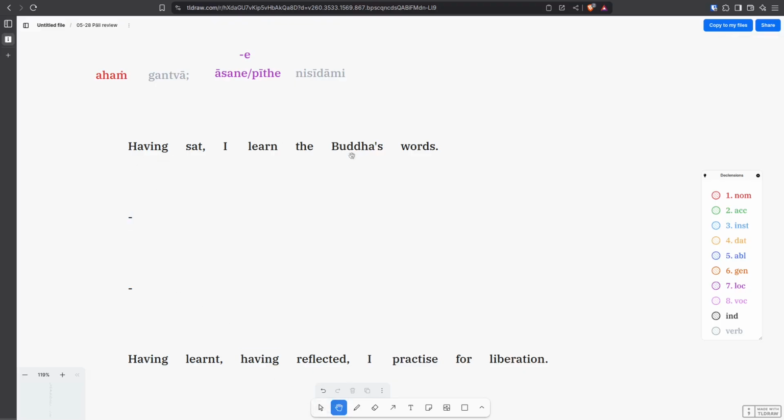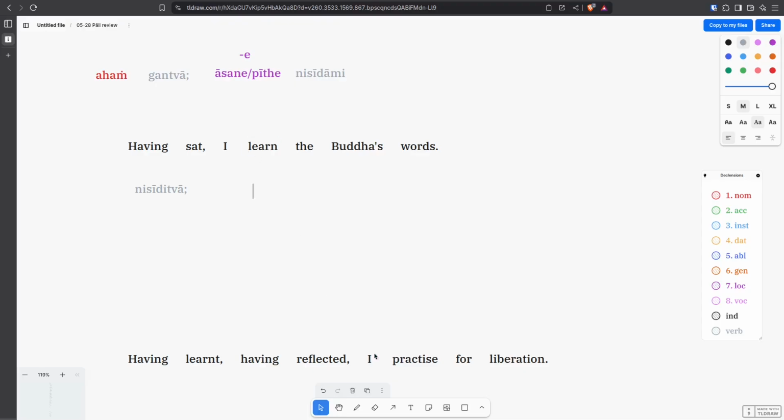Ajahn Titapanyo, could you translate the next one for us, please? Having sat, I learned the Buddha's word. So nisiditva, and then sik... I learn. Sikkhissami would be like... That would be good, but sikkhissami is more like I train, I train in something.